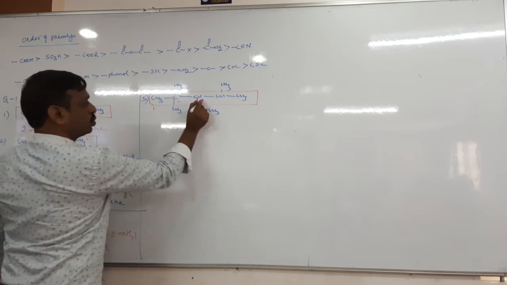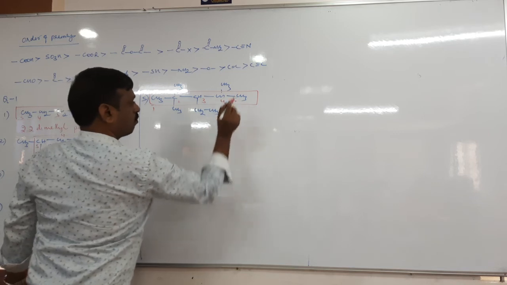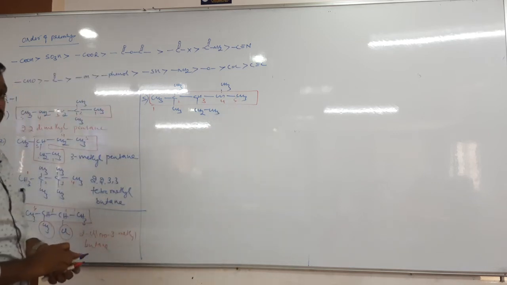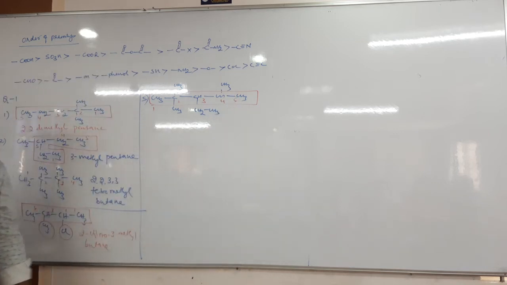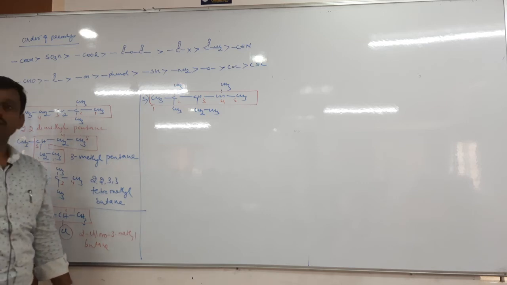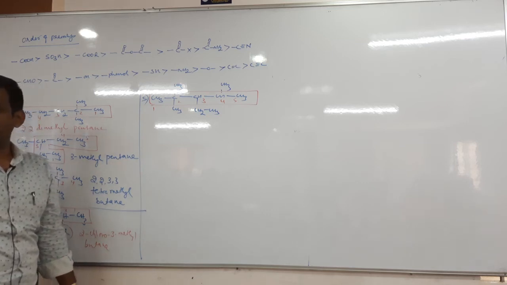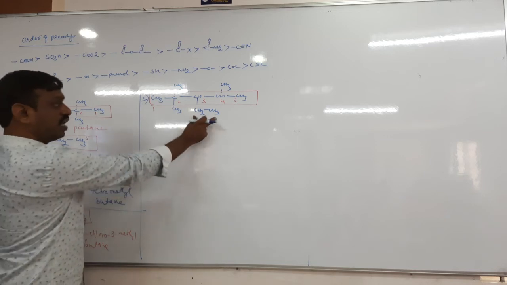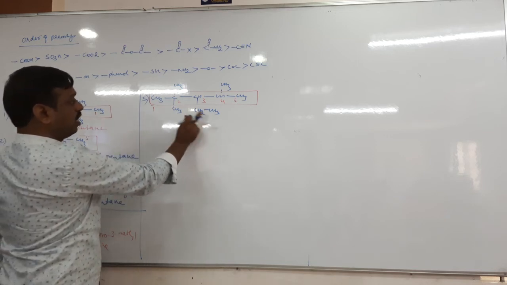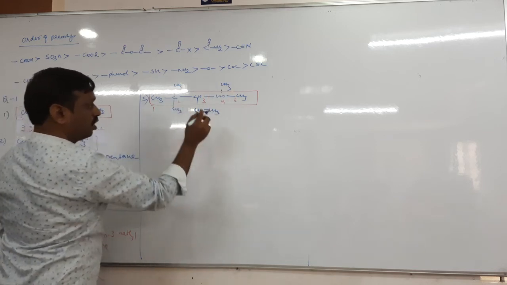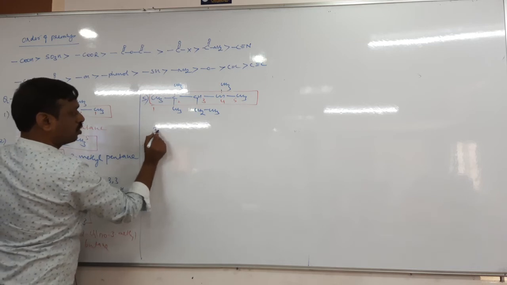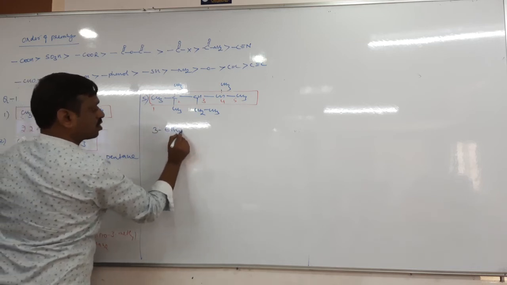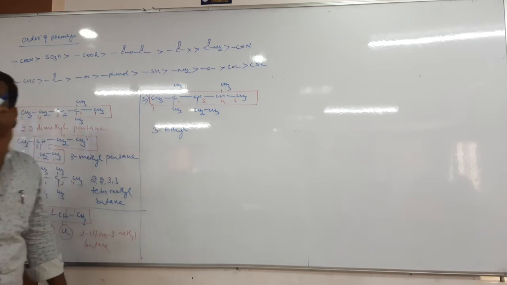1, 2, 3, 4, 5. But while writing the substituents, we should follow alphabetical order. So here ethyl is there, and methyl, methyl, methyl. Which will come first? 3 ethyl comes first, because in alphabetical order E comes first.